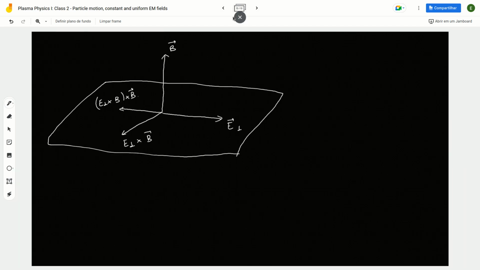Well, let's see. If you have B here and some vector E perp, then E perp cross B is going like this here, right? So it should be perpendicular to both, and in this direction. So if you have this cross that, it is going like that, right? So this is E cross B cross B.